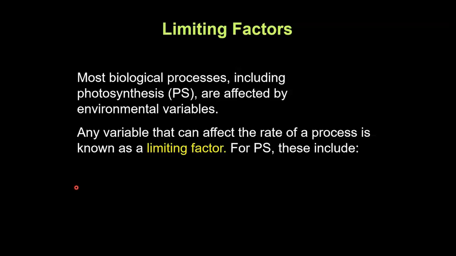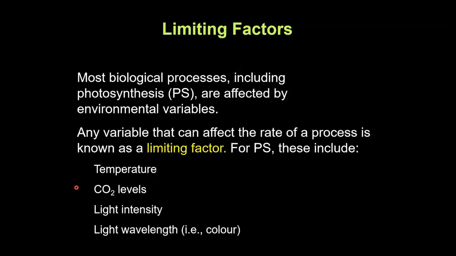And for photosynthesis, these include temperature, carbon dioxide concentration or amount that's available, light intensity, and the color of the light. Now, that's something that we are going to look at in quite a bit of detail in upcoming slides.